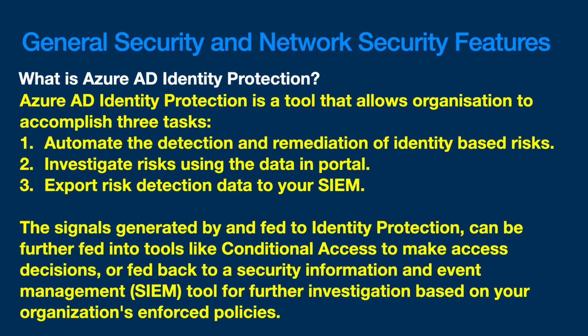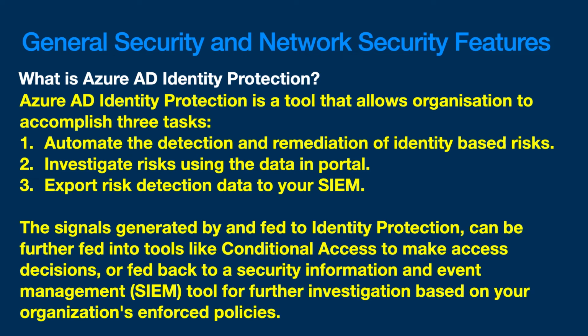The next question is, what is Azure AD Identity Protection? Azure Active Directory Identity Protection is a tool that allows organizations to accomplish three tasks. First is automate the detection and remediation of identity based risks. Second is investigate risks using the data in the portal.